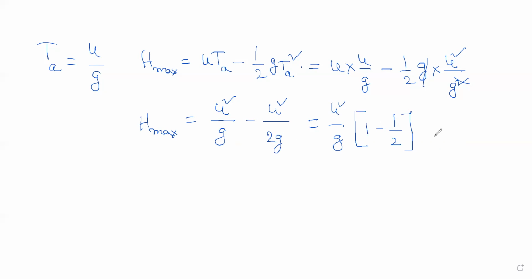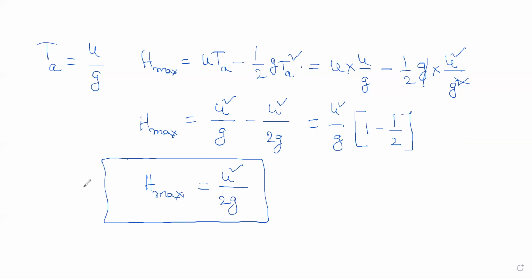What is 1 minus half? Half. So H max happens to be u square by 2g. This is the equation for H max. Please note it.